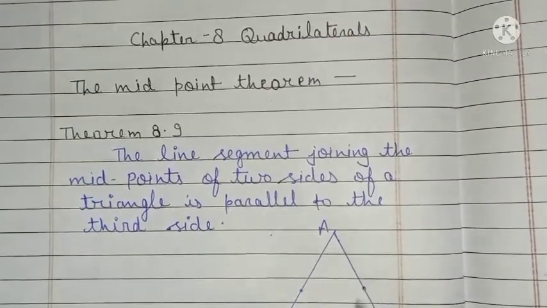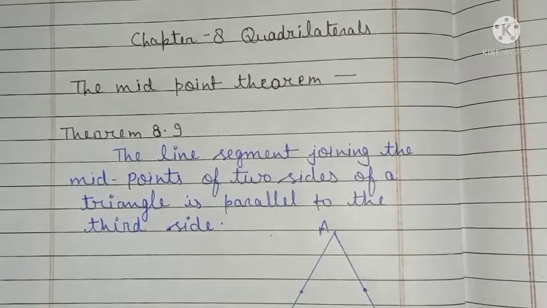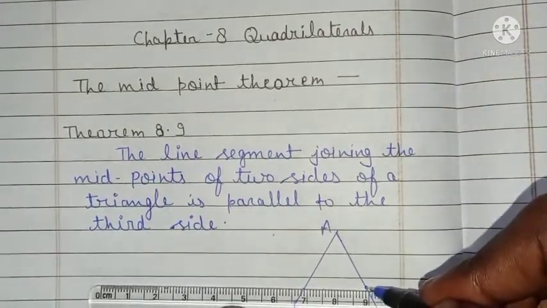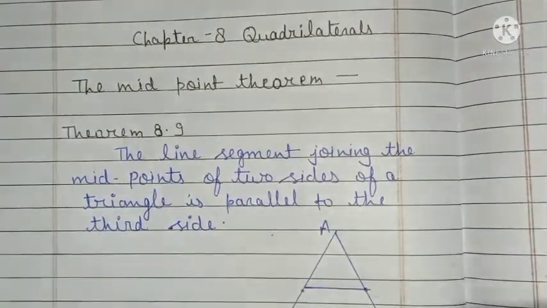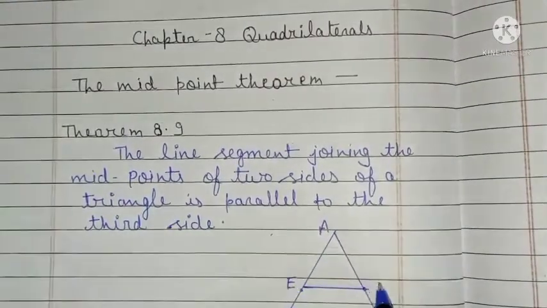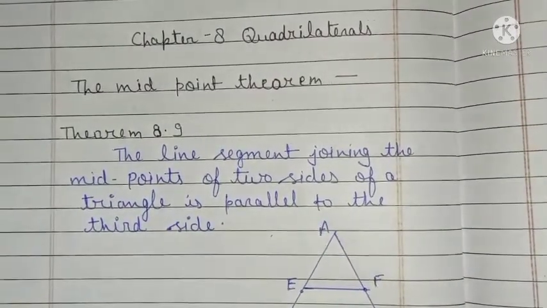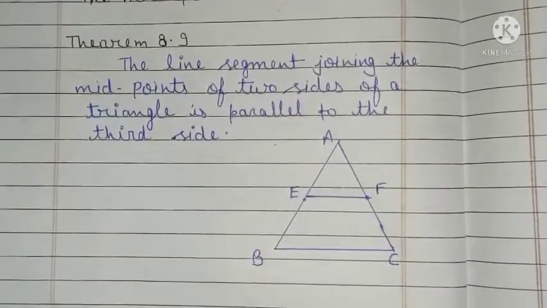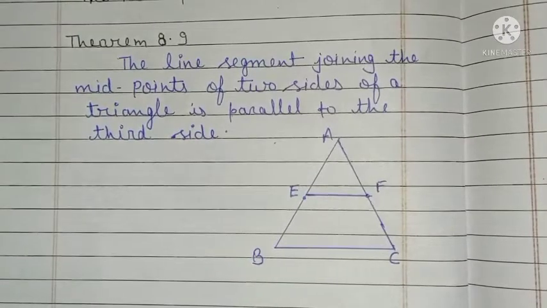E and F are the midpoints of sides AB and AC of triangle ABC respectively. Join E to F. We have to prove that EF is parallel to the third side, that is BC.